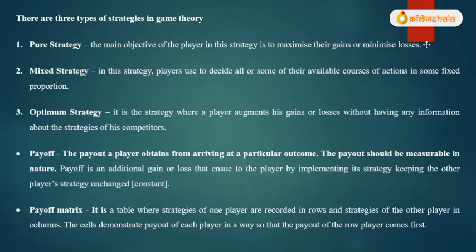So we will have the payoffs of both of the players. And while moving, the row player comes first, so we have to start with the row player. So now we have an idea about game, strategies, players, payoff matrix, etc.